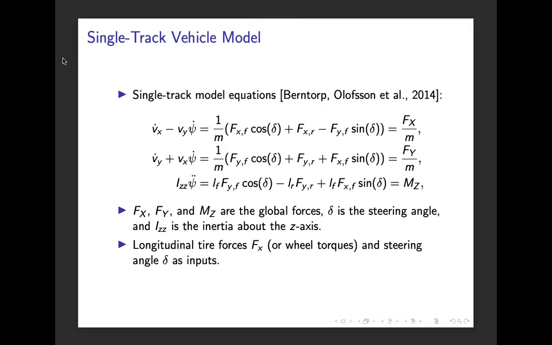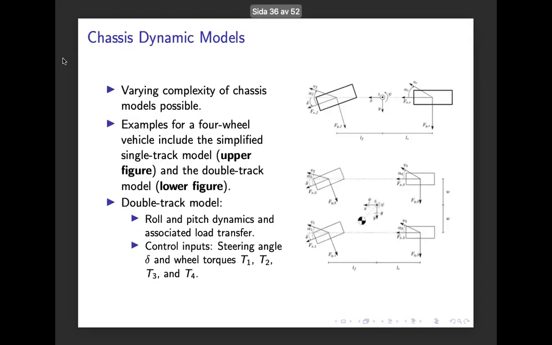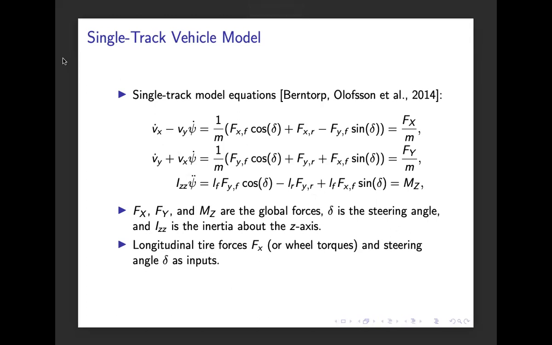I will just give some examples of how the equations could look. They tend to expand, especially when we increase the degrees of freedom we model on the car. For example, the single track model for this kind of vehicle representation looks like this. We have the velocities, and we can use Newton-Euler to set up the forces delivered by the tire forces of the wheels.